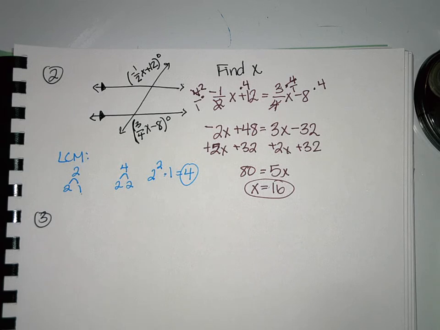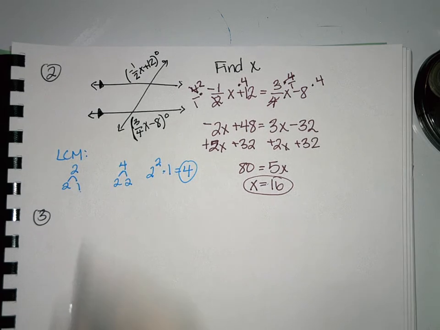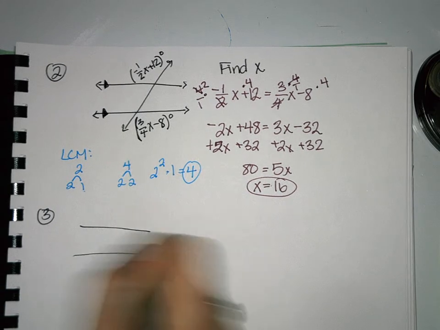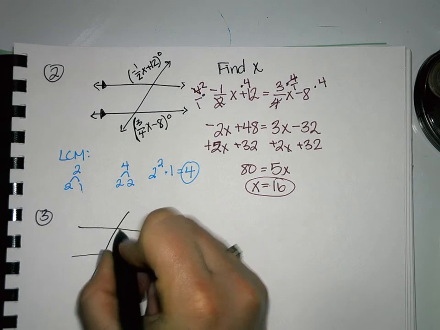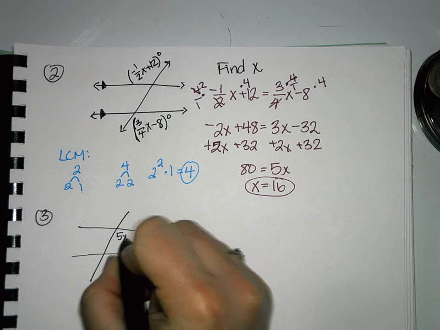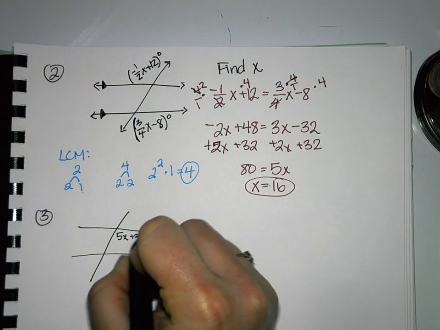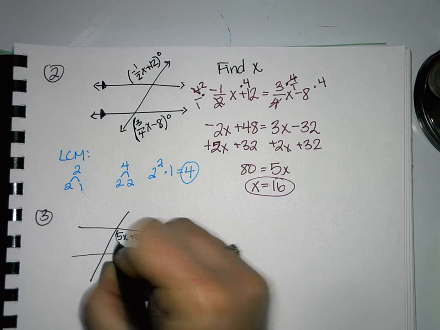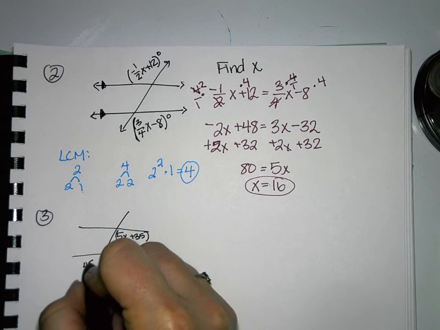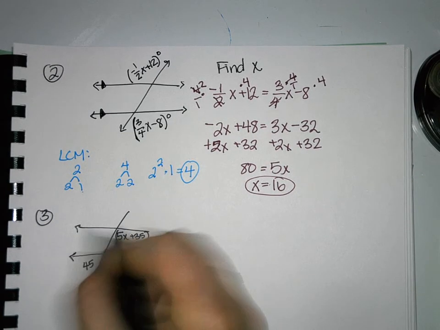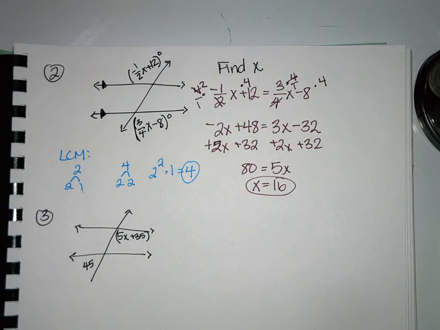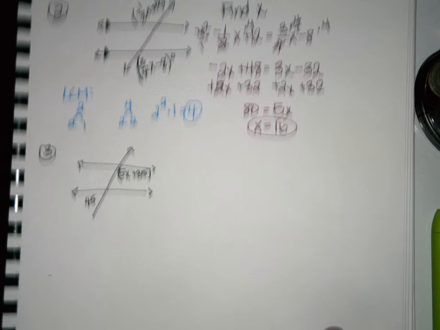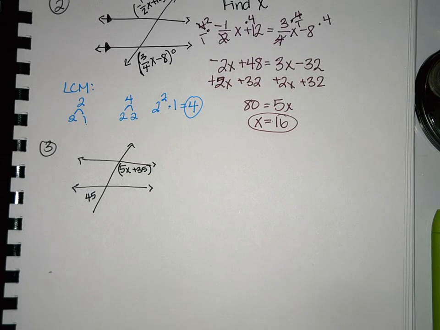All right, so number 3. This one, our directions are going to be a little bit different. 5x plus 35 is this inside angle, and this outside angle is 45 degrees. Okay, so in this one, we don't know that the lines are parallel.